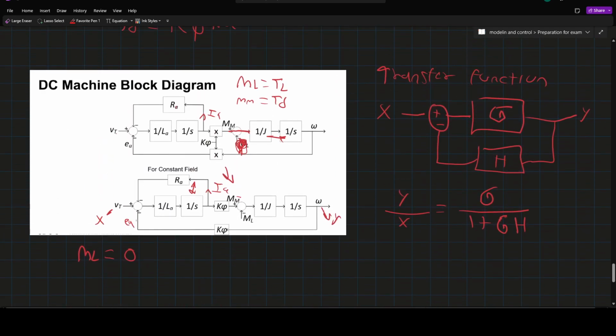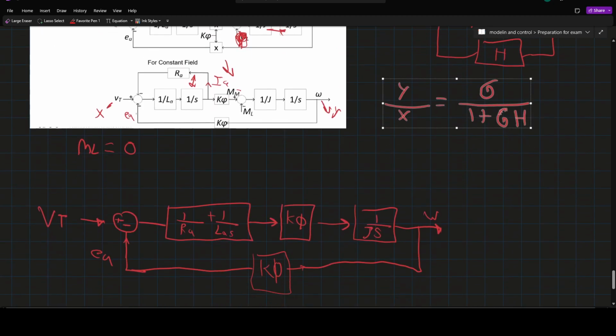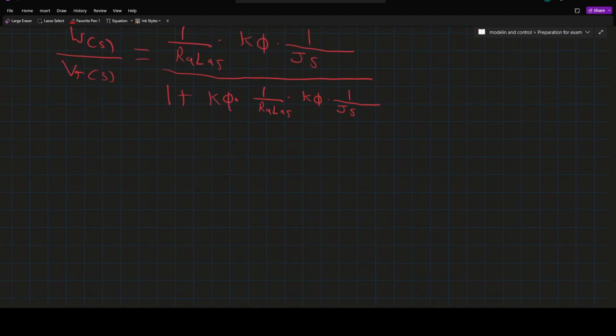So I just follow this formula to get our transfer function. Omega S over VT X. Remember that all of this is where our LM is equals to 0. And LM is our TL. So just remember that.